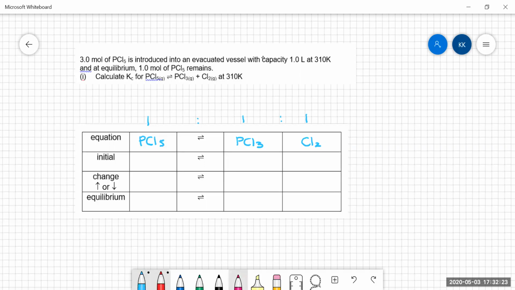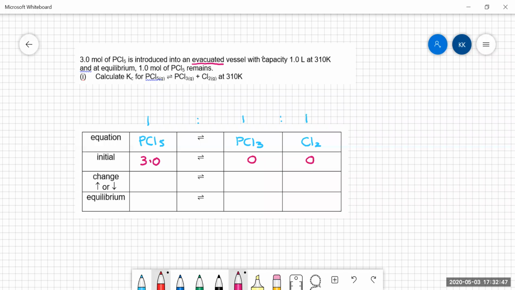Our initial numbers of moles, we were told that 3.0 moles of PCl5 was placed in that vessel. And that was all. It was an evacuated vessel. That means it was empty. So PCl5 was the only thing we put in there. So at the beginning, there was no PCl3 and no Cl2.